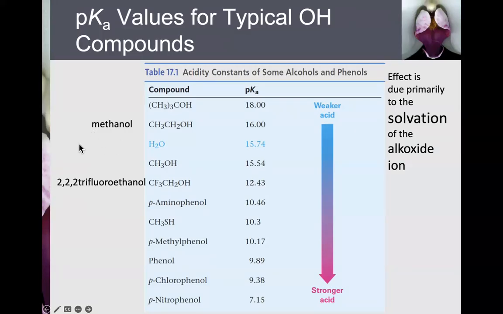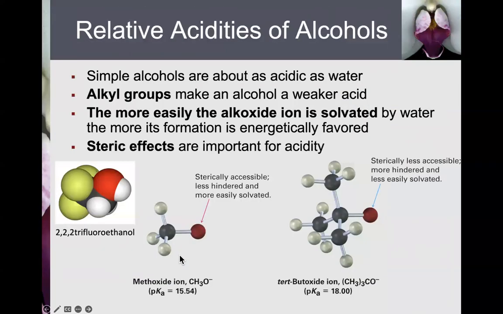So meaning mas more yung formation niya sa product. So mas stronger acid siya compared sa tert butyl alcohol, which is sterically inaccessible and then less easily solvated, therefore less stabilized and weaker acid. So the effect is due primarily to the solvation of the alkoxide ion.